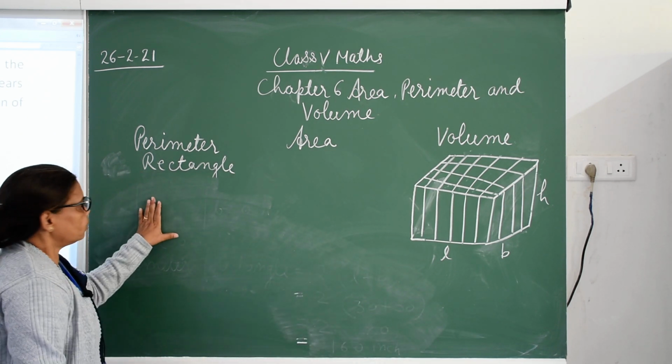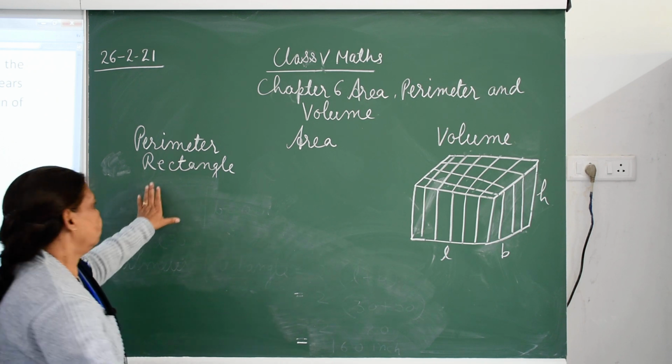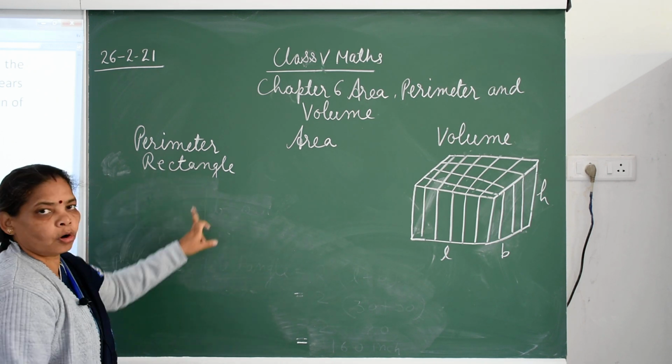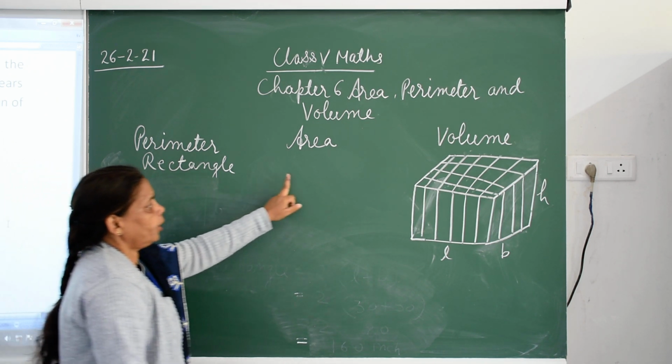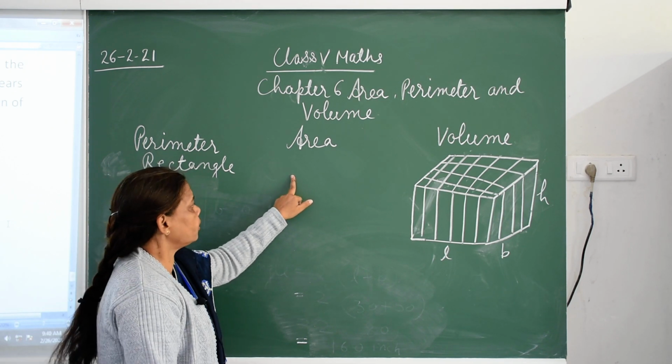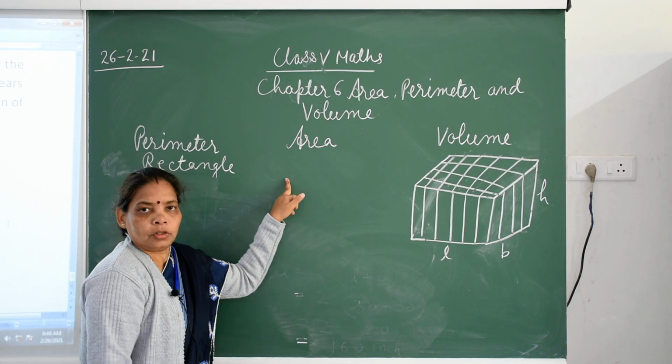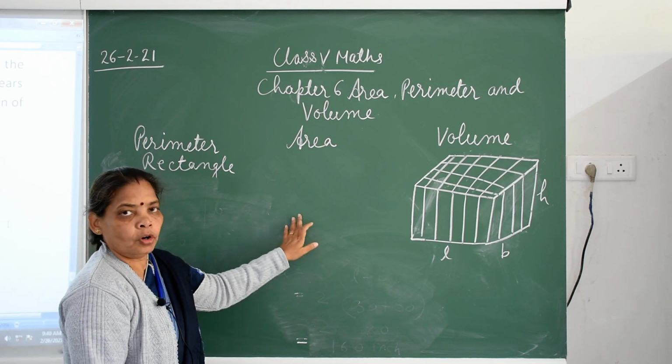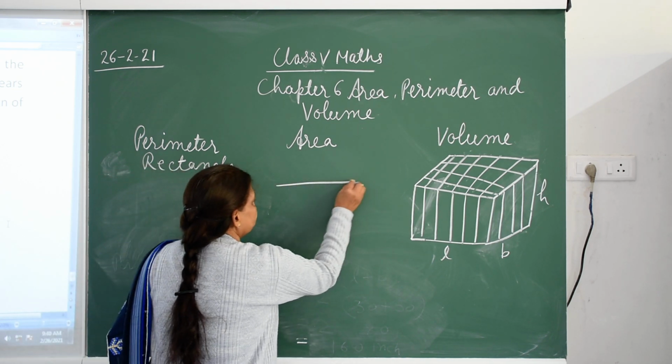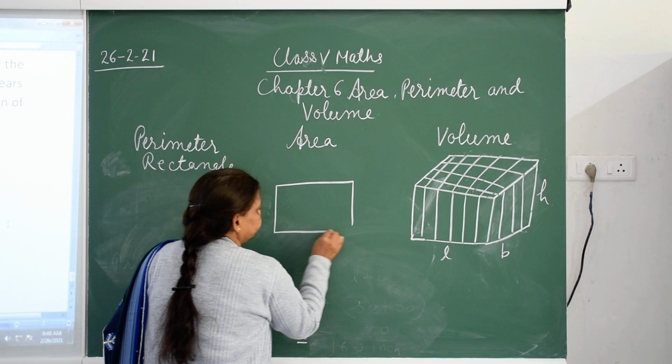So perimeter is the length of all the sides, and area. What is area? Area is the amount of surface covered by any object. For example, this one is the rectangle.